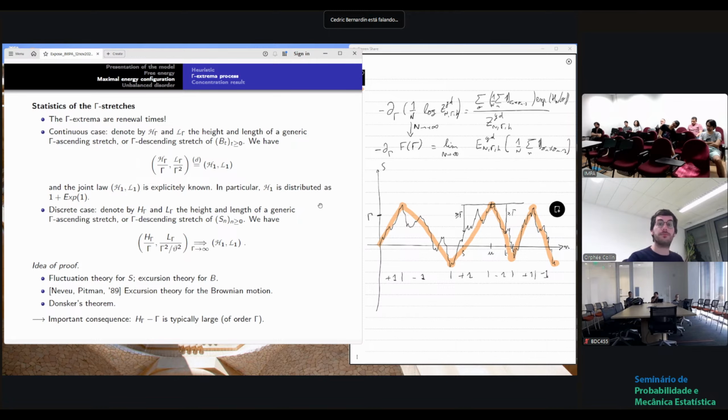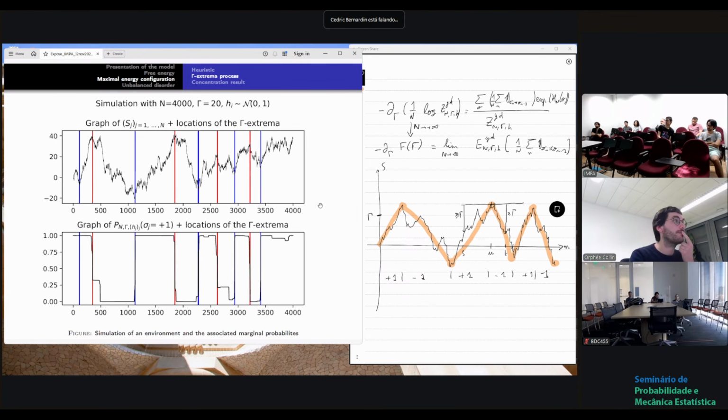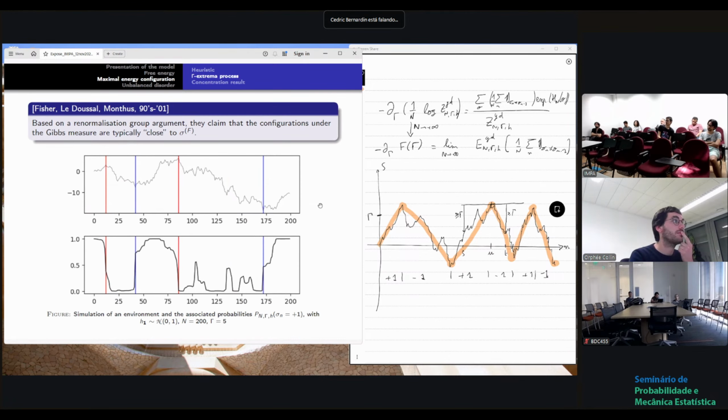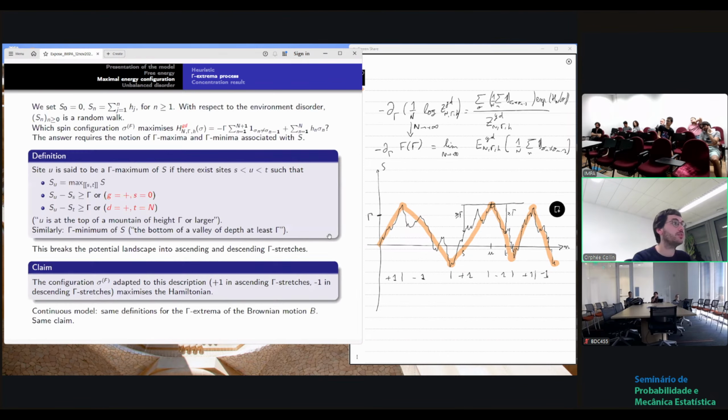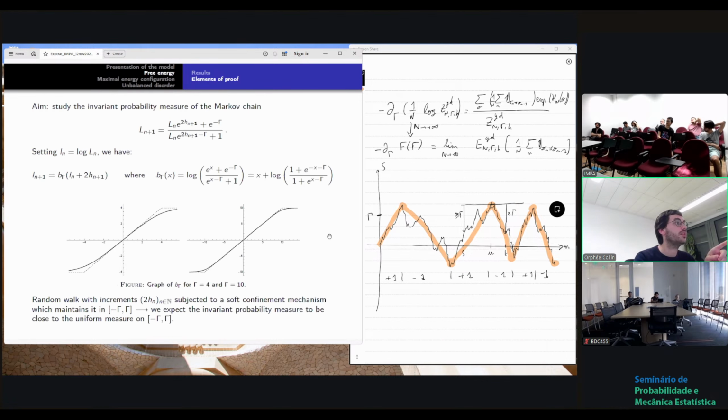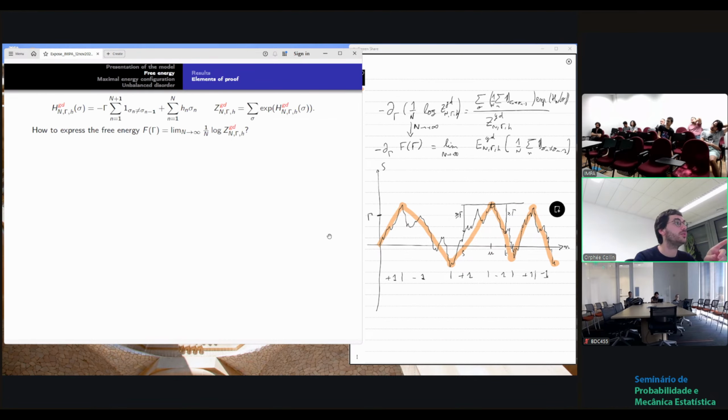Sorry, can I interrupt you? Yes, of course. Can you come back to the previous slide? Yes, here. If I look at the second graph between, I don't know, 80 and 175, you have some kind of excursions which are going up. Yes, that's right. And in fact, this corresponds to the simulations which I showed in the beginning.